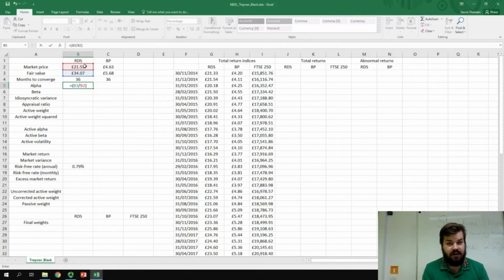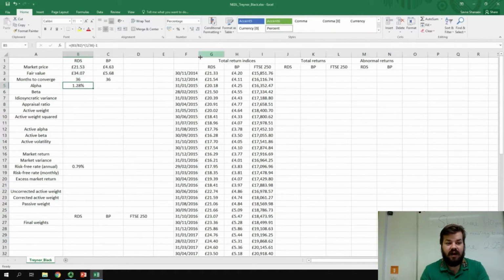Then, as the stock price will converge to the fair value in 36 months, we need to raise this appreciation rate to the power of 1 over 36 to get the monthly appreciation rate, and to get the abnormal return, which is alpha, we need to subtract 1.